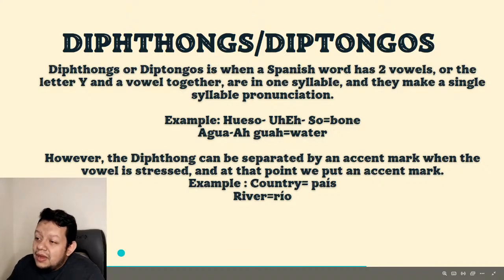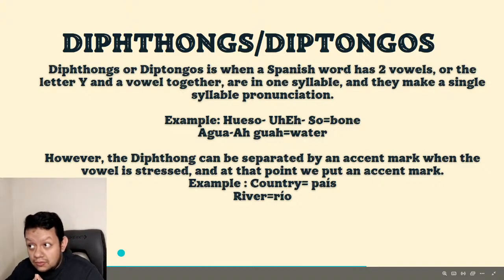What I mean by this is that a diptongo is basically two vowels making a single syllable, and this comes up in words like agua and hueso, bone, hueso, agua, water. You see that there's two vowels together.